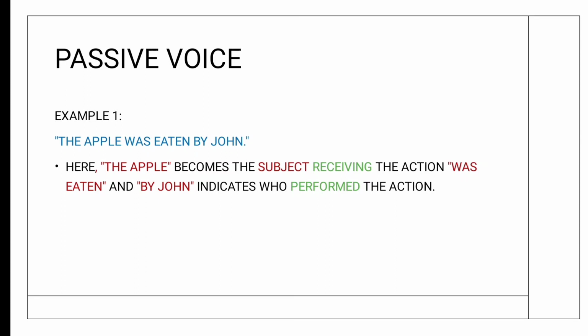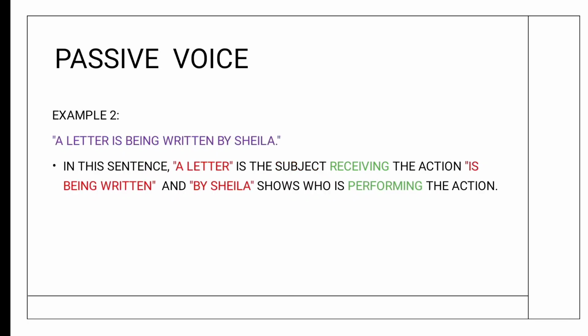The apple was eaten by John. So the apple becomes the subject who is receiving the action, was eaten by John, where John indicates the performer of the action. Simply, the one who is performing the action will be at the end in the passive voice. In active voice, the performer will be in the subject place. That is the difference.